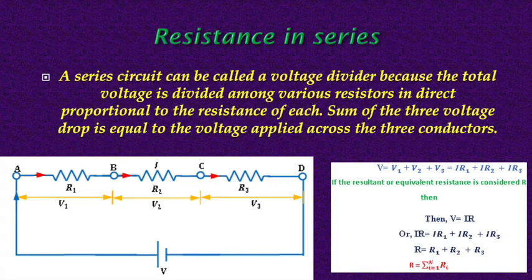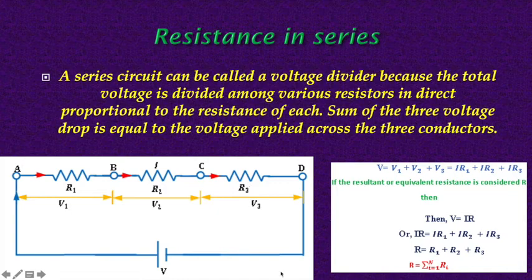Sum of the three voltage drops is equal to the voltage applied across the three conductors. So V equal to V1 plus V2 plus V3 equal to I into R1 plus I into R2 plus I into R3.